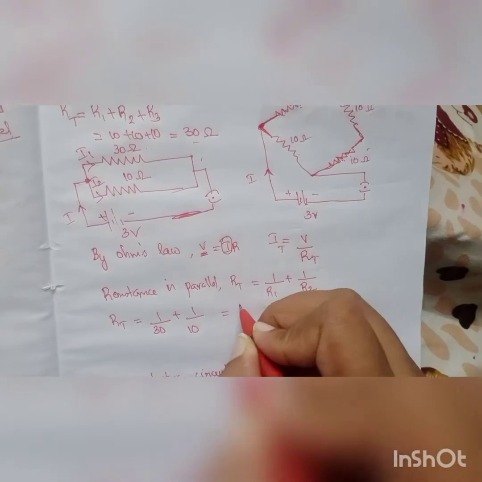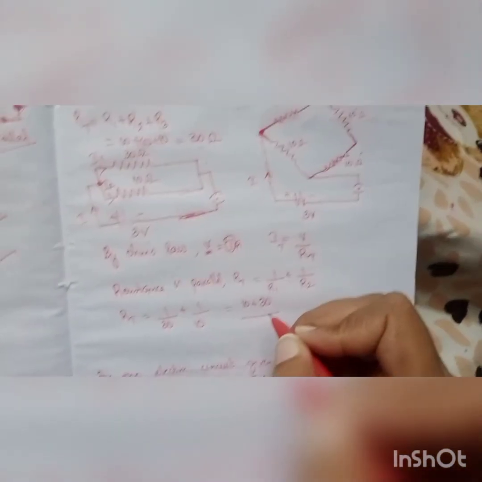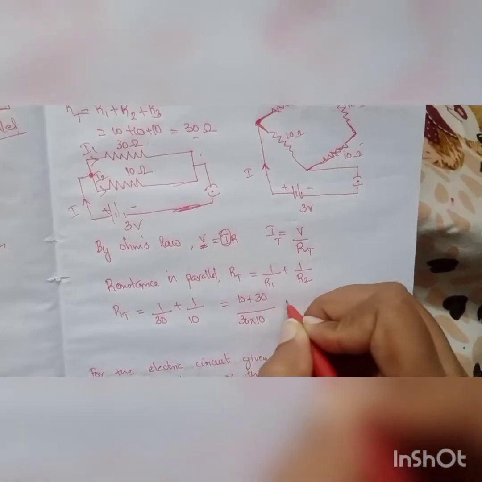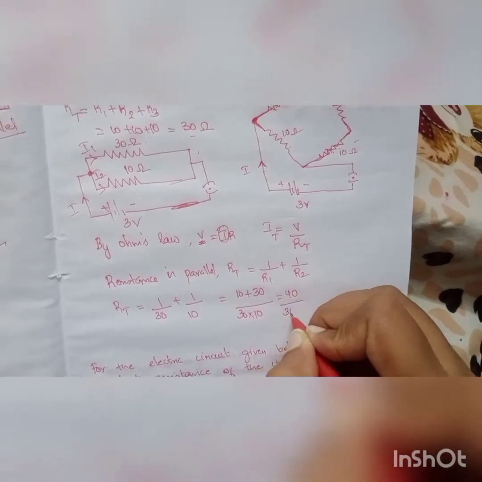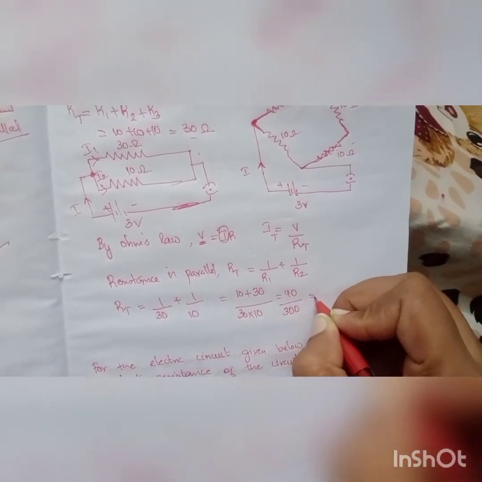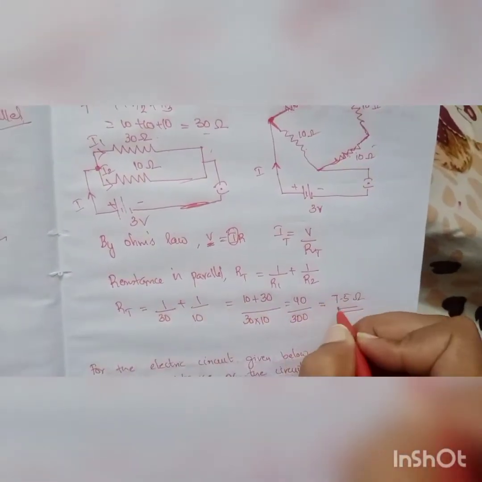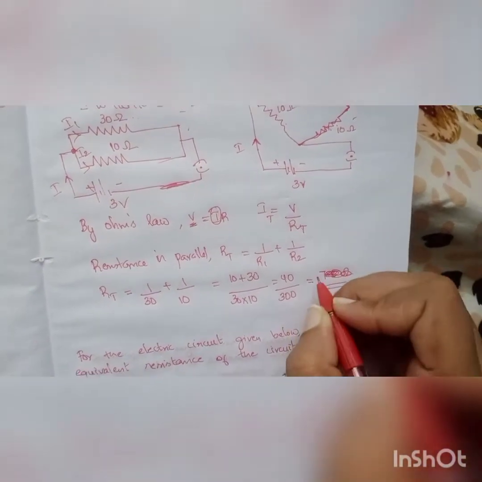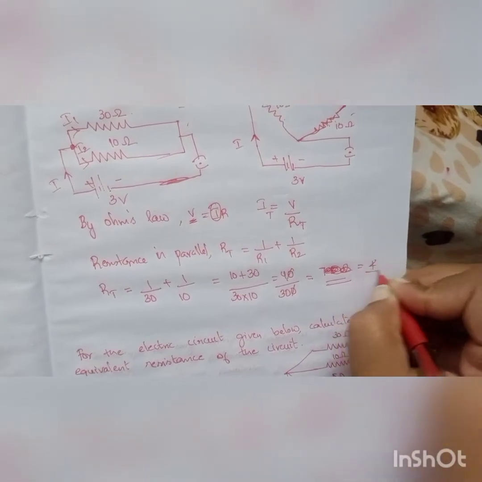Taking the LCM, we can write 10 plus 30 divided by 30 into 10, or 40 by 300, which simplifies as the 0 and 0 get cancelled to 4 by 30.